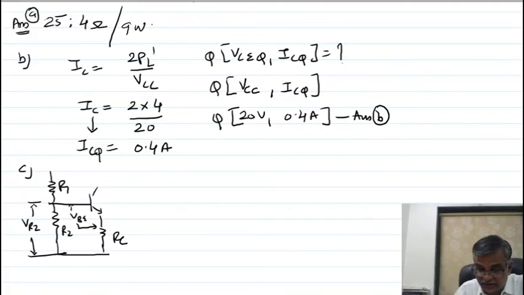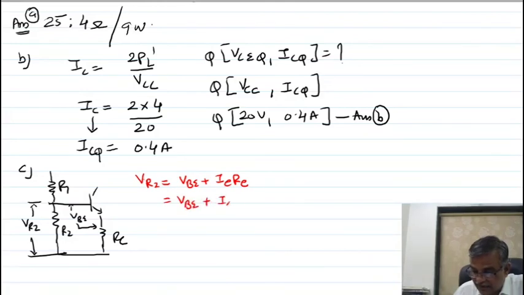So from the circuit I can write VR2 is nothing but VB plus IERE, or I can write VB plus ICRE. So VB they have given 0.4 volt, plus IC is 0.4 ampere, and RE they have given 5 ohm.